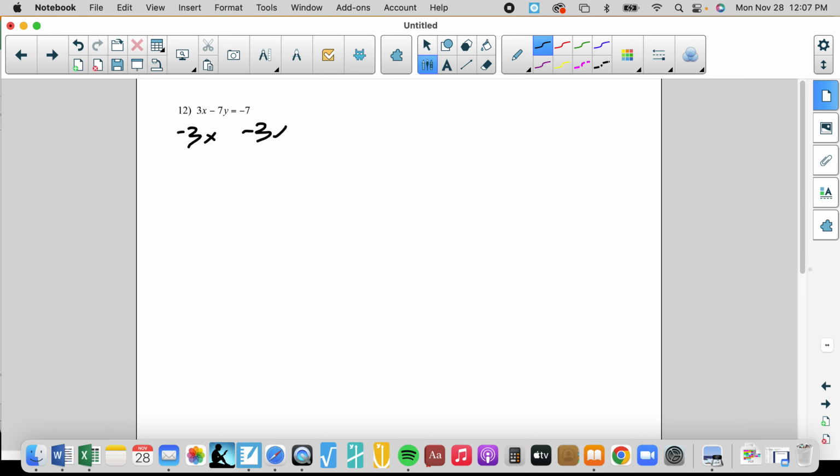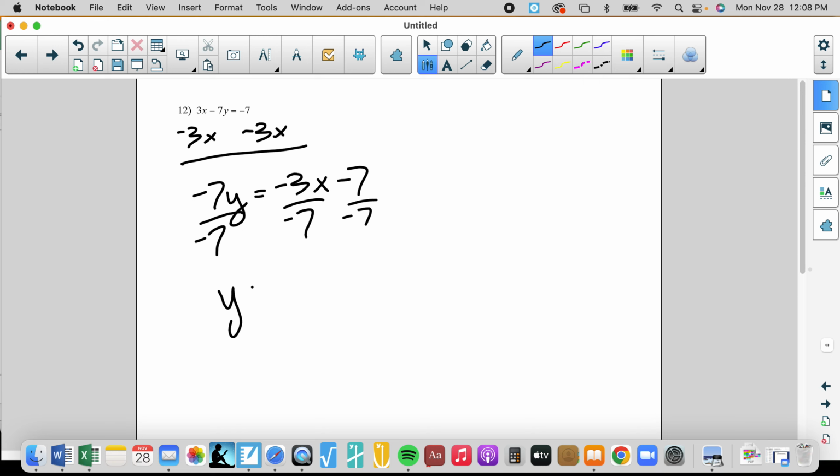Subtract 3x. -7y equals -3x minus 7. Divide by -7. Y equals, 2 negatives make a positive, so we say 3/7 x. 2 negatives make a positive. 7/7 equals 1. Good. Let me know if you have questions, and hopefully you did well.